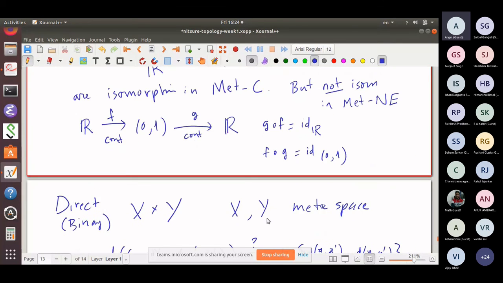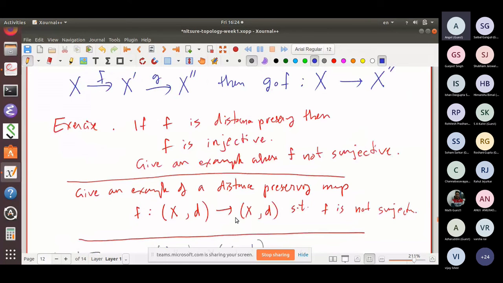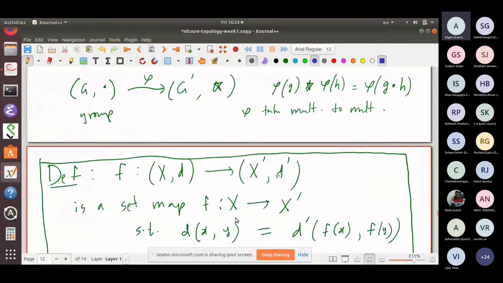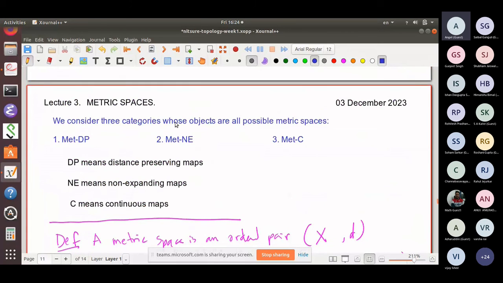All right. So let me see what I have finished telling you today. I have told you that we have the category of metric spaces in 3 different ways, and you can have many more. Objects are always metric spaces, and the arrows are distance preserving maps, or non-expanding maps, or continuous maps.